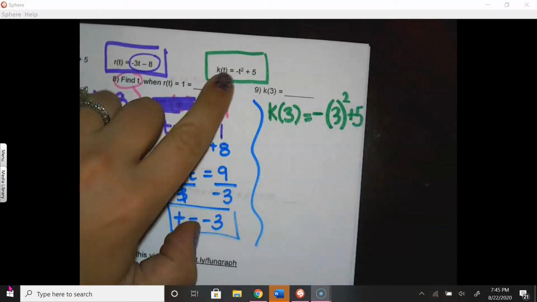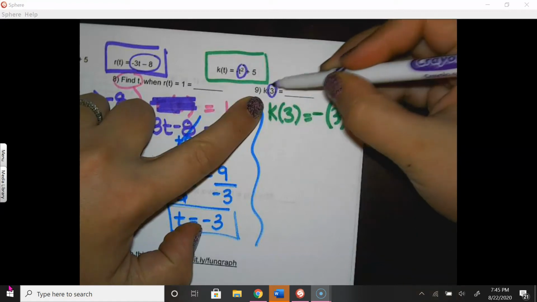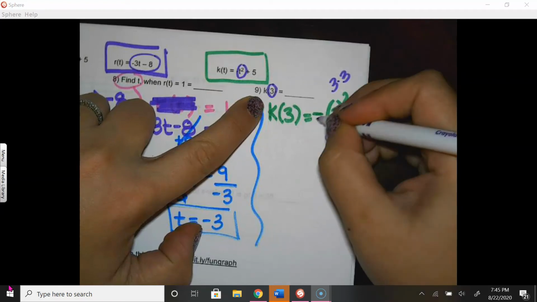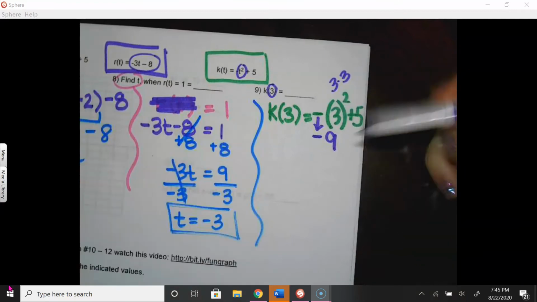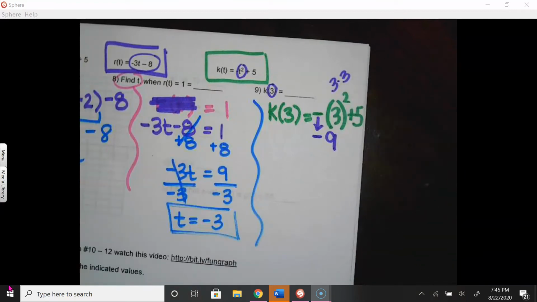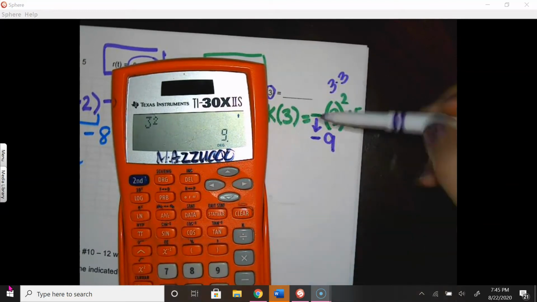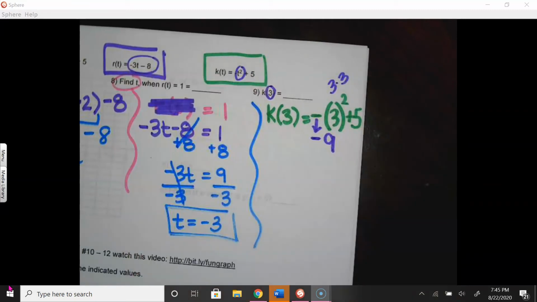So the t here is being squared, and the t is 3. So if you square 3, 3 times 3 is 9. This negative was already there. It's not going to be included. So when we put it in our calculator, it's just 3 squared. That negative was already there. We didn't plug it in, so it's not part of the t.